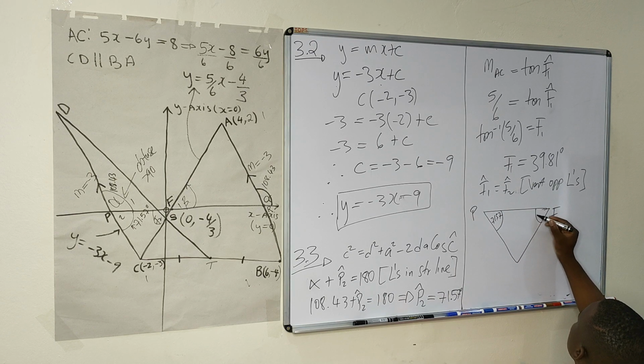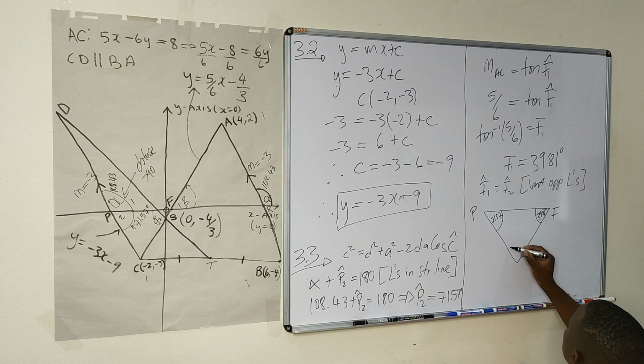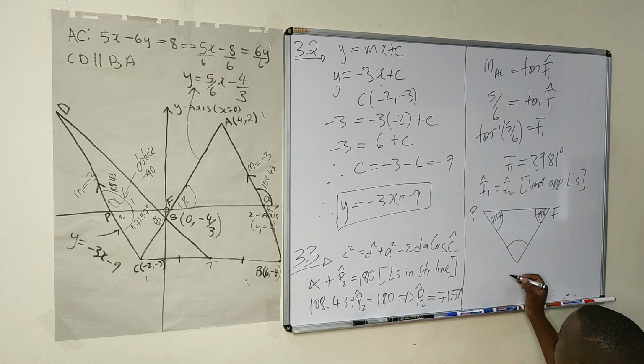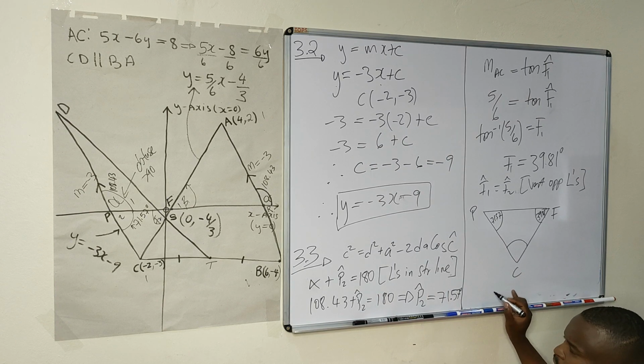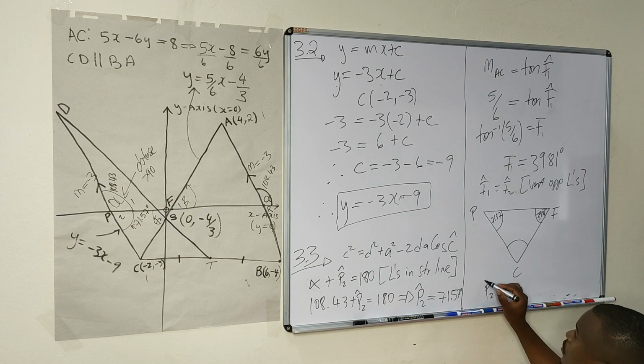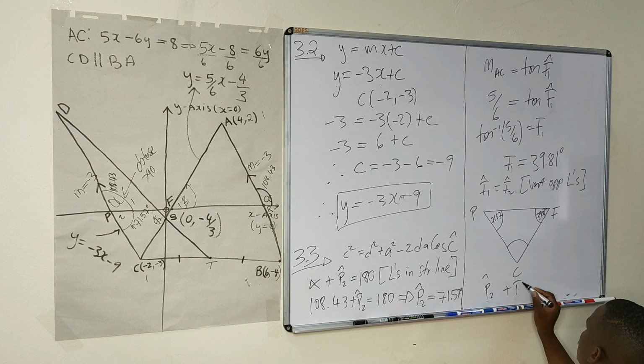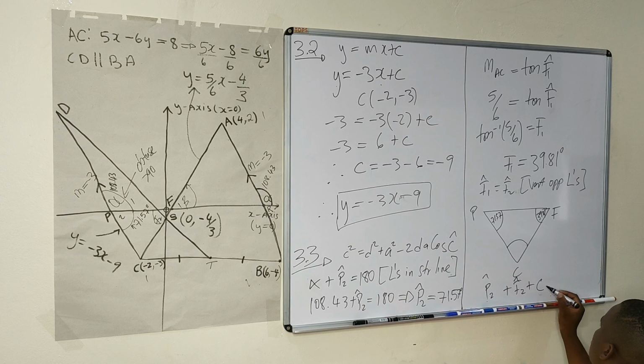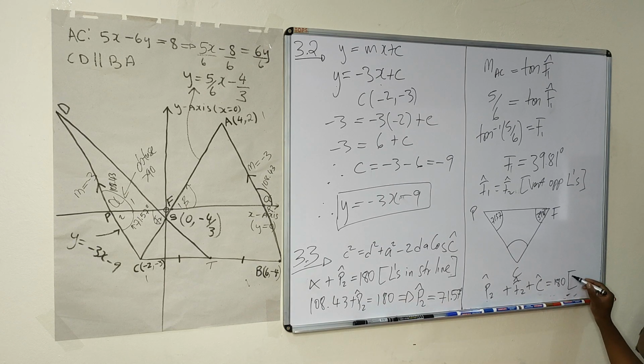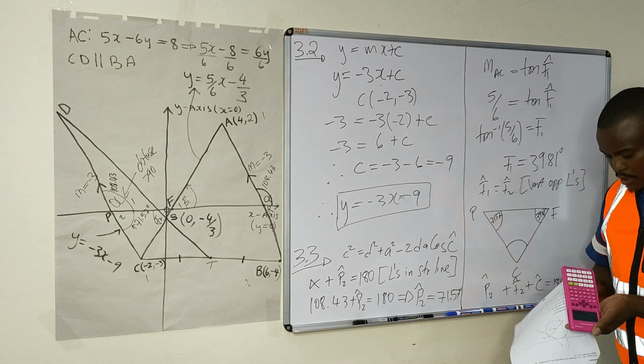I have 39.81. So I want this part, and I know this is C. My P2 plus F2 plus C equals 180. My reason: these are angles in a triangle, they add up to 180.